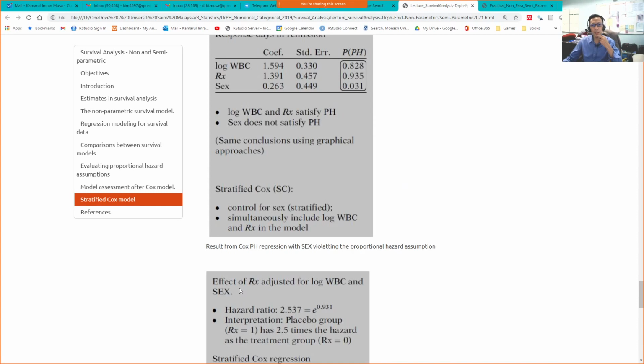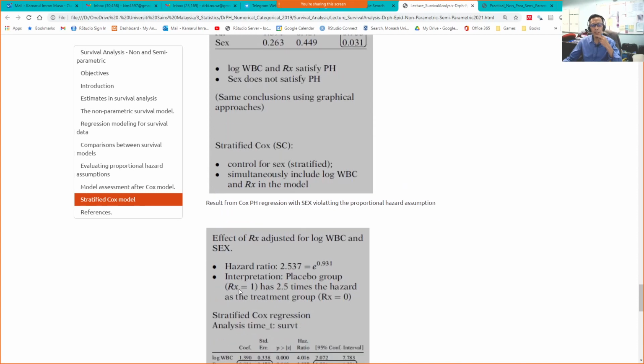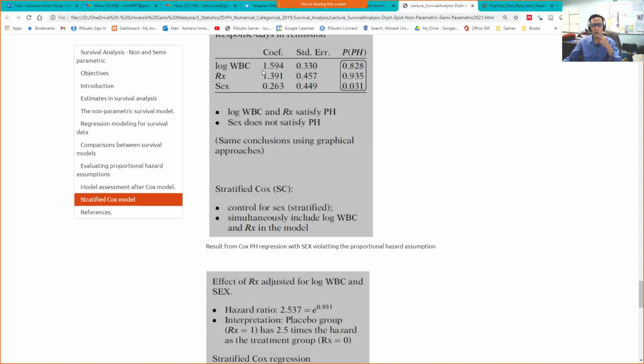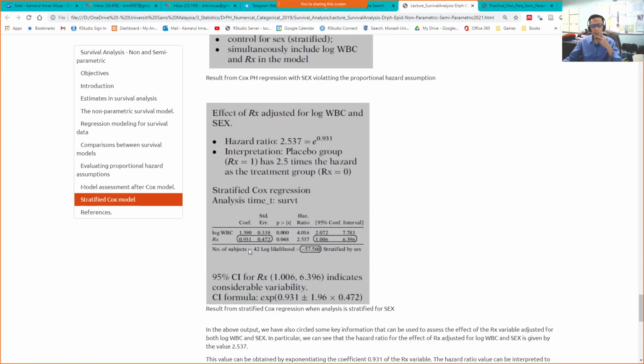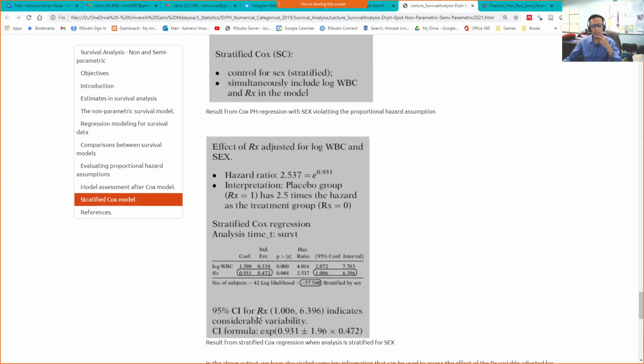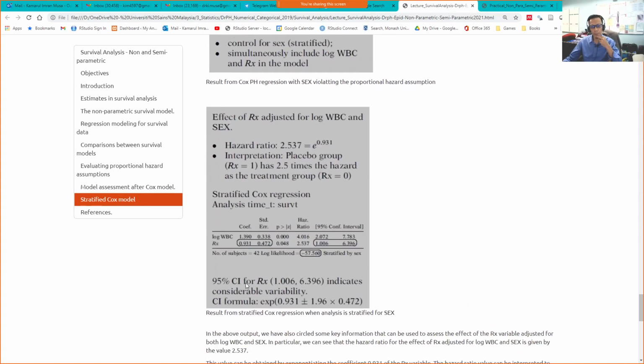Not much difference. Okay, it's quite different, because you got 1.59, 1.39, 0.93.